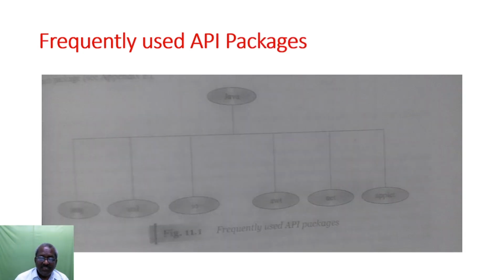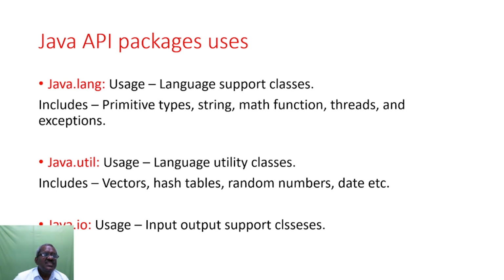This is a small diagram which is taken from the book itself. The packages which I have just now spelled out are given here, and each package has a definite usage. For example, language support classes. Here the language means the programming language.